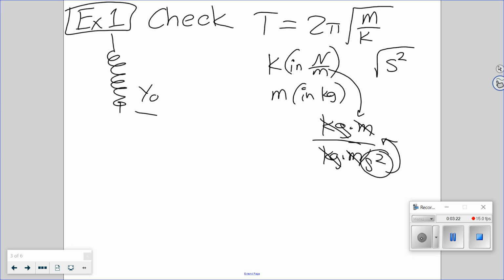From the table below, the end of the hook is hanging at right about 60 centimeters, I think. Let's see how good that is. And that would be 0.6 meters. So then I put the 5 newtons on it, 0.5 kilograms.